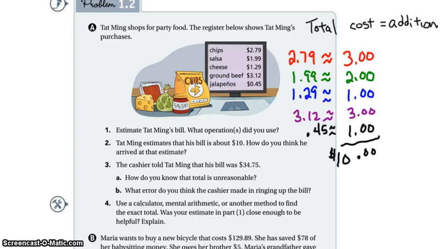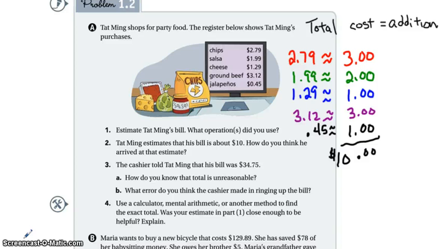Again, rounding to the nearest dollar amount is one estimation strategy. A lot of people will round monetary amounts to the next dollar amount, always rounding that amount up. That estimation strategy is called overestimation, which means no matter how close or far it is, we always make it go up to the next dollar amount.